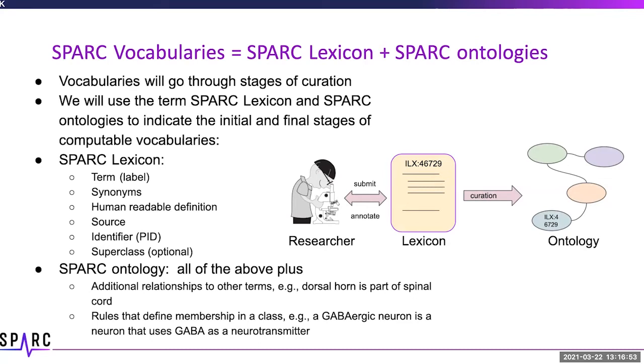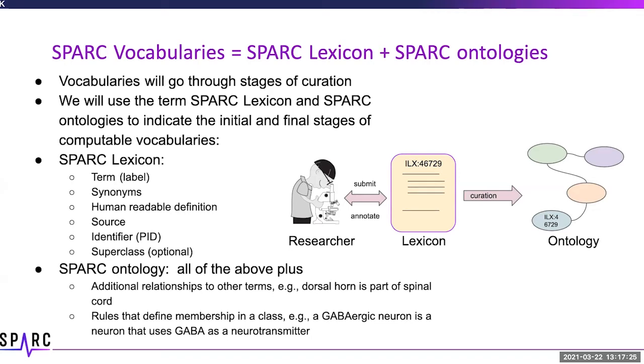This is where you've defined a term, given it an appropriate name or label, added potential synonyms, provided a human readable definition, and potentially a source for where that term came from. And so this is basically the basic listing of the term and how it might sit in a set of other terms. So for example, if you provide the superclass or the parent of that term, what type of term is this?